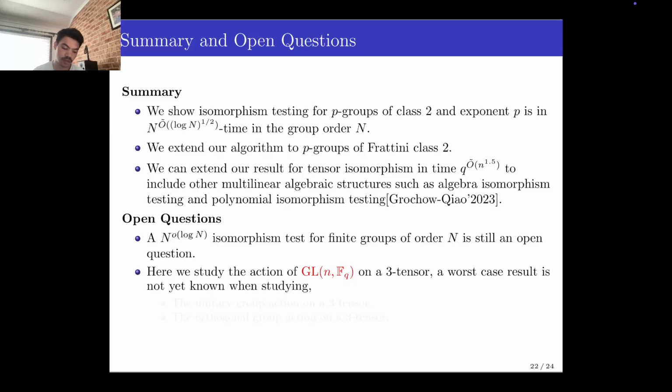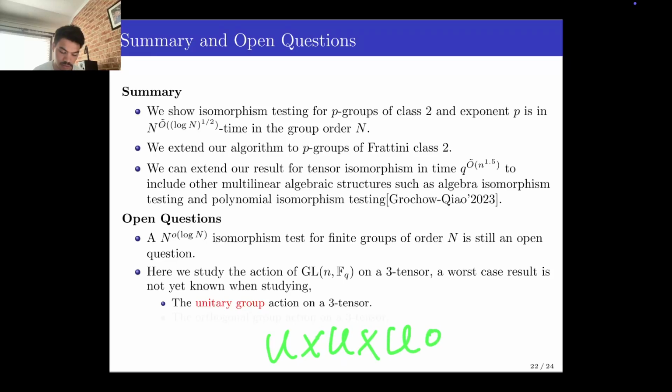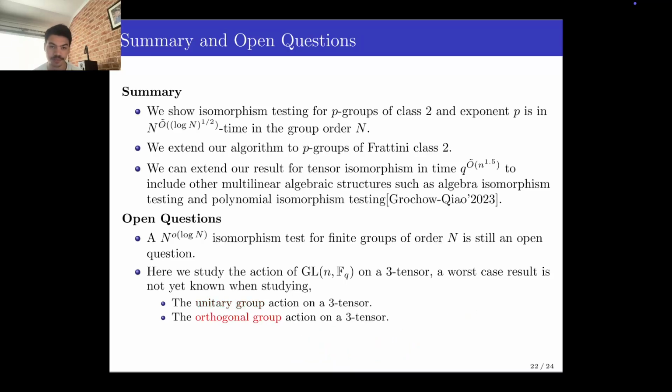We also have been considering the action of the general linear group across the general linear group across the general linear group on a tensor T. But what happens if we consider, say, the unitary group which acts on the tensor T, or even the orthogonal group acting on a tensor T?